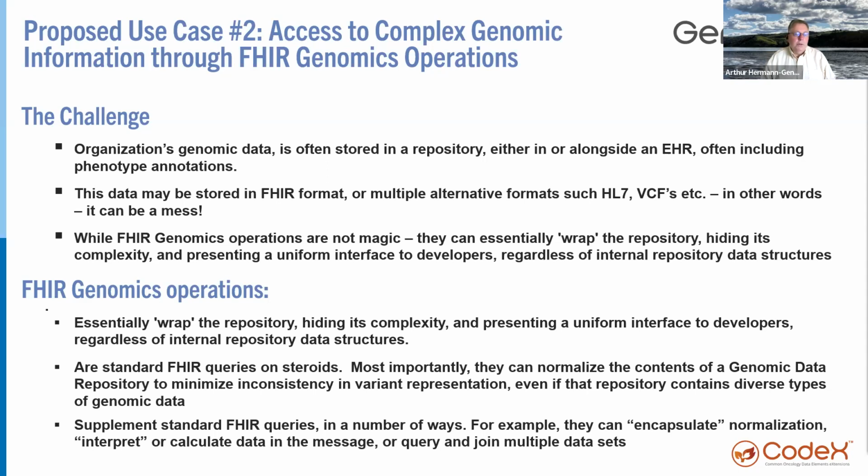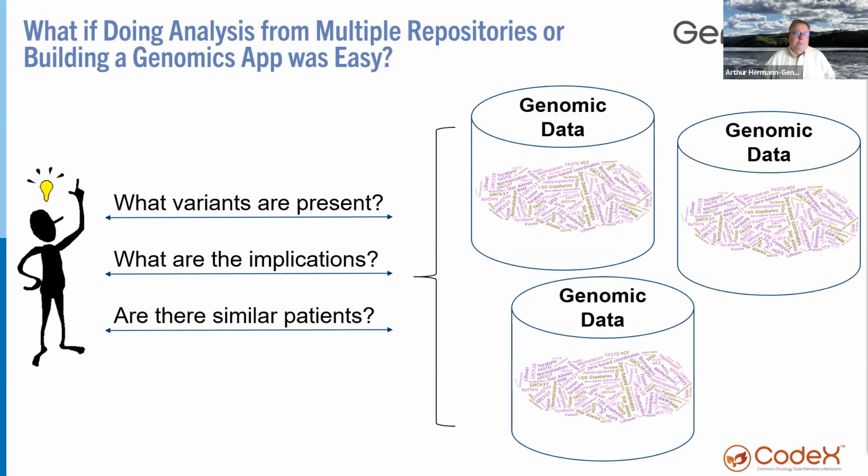And then that allows you to have the developers focus on the simple API level and the business rules type of level, which is where the real value is going to come from. So, just a little diagram. What if doing analysis from multiple repositories or building a new genomics app was easy? And here's a couple, out of the millions of questions you might ask, that you might want to be asking of this very messy data.